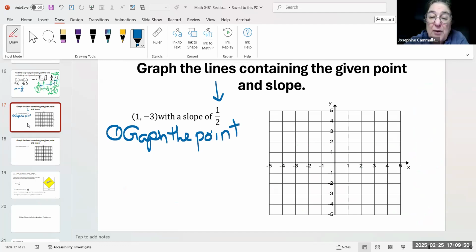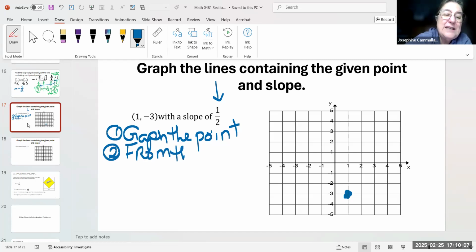Well, this is going to give me from 0 a +1 down to 3. We graph the point. Now, from the point, use the slope.